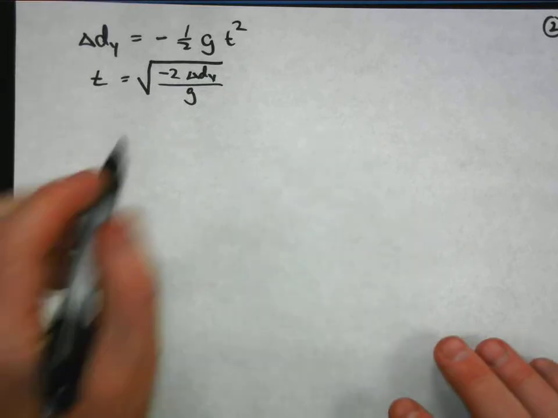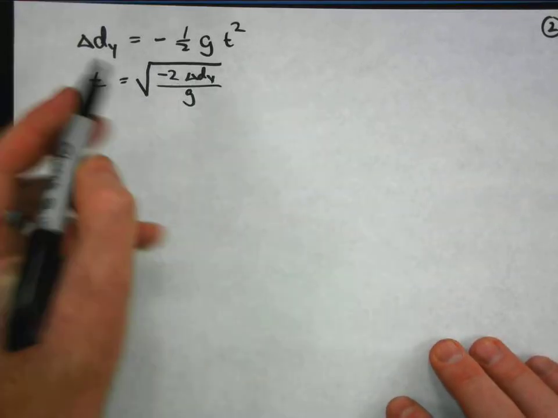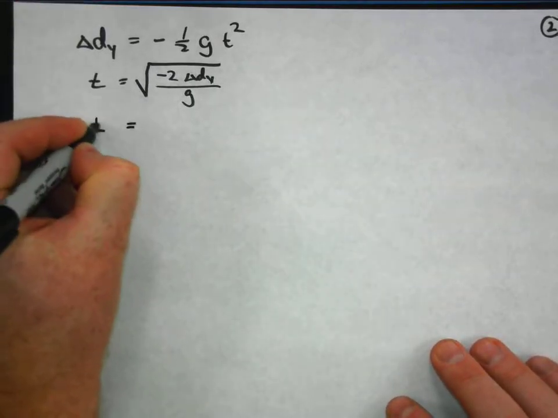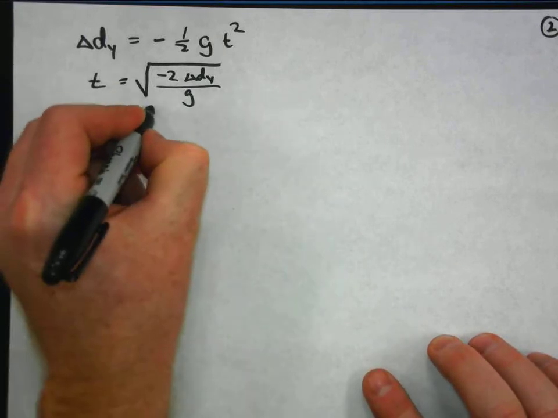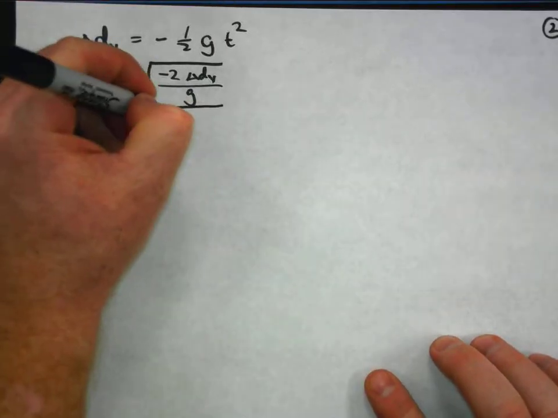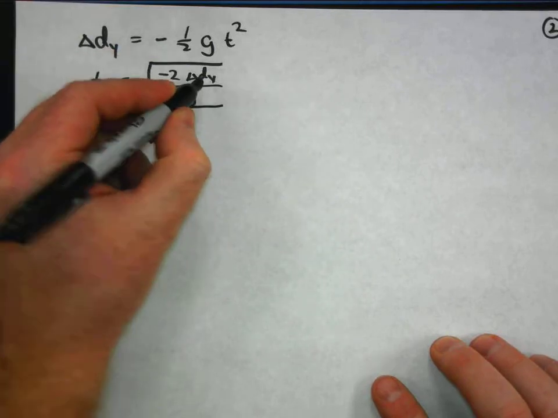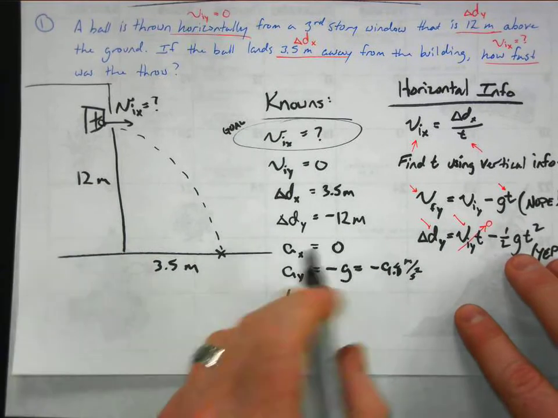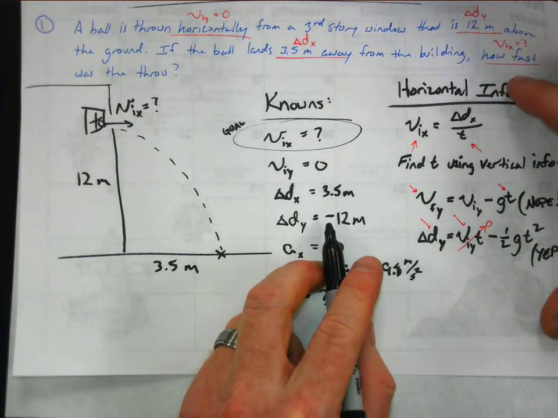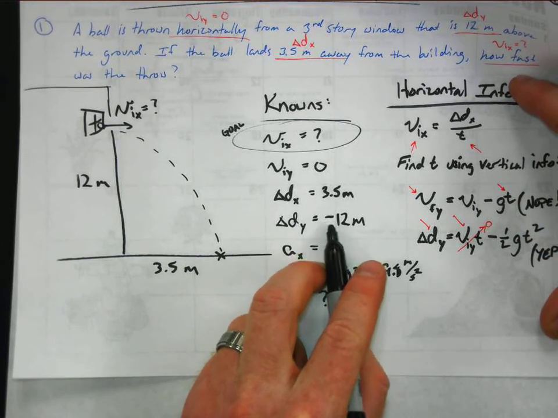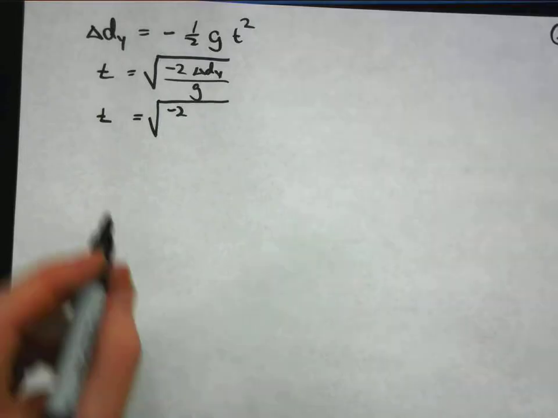So here we go. I know my delta d in the y direction, and I know g, so I can figure this guy out. Substitute some numbers. I get negative 2 times, what's my delta d in the y direction? Negative 12. And now you start to see why it's important to keep that minus sign there to understand that I need that.